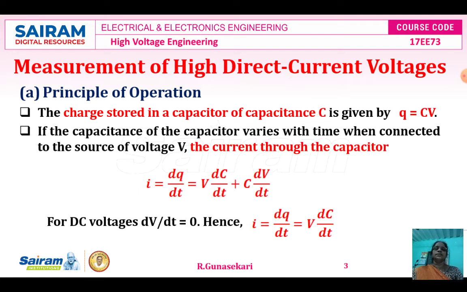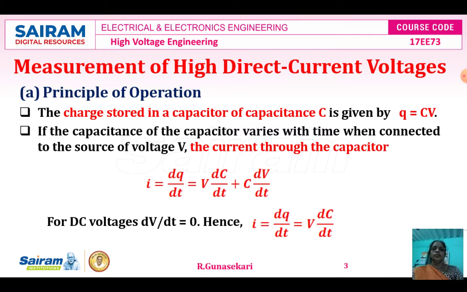If the capacitance of the capacitor varies with time when connected to the source voltage V, the current through the capacitor, small i, is given by i = dq/dt = V dC/dt + C dV/dt. This is the basic formula for current flowing through a capacitor. You already studied this in the basic electrical engineering subject also.